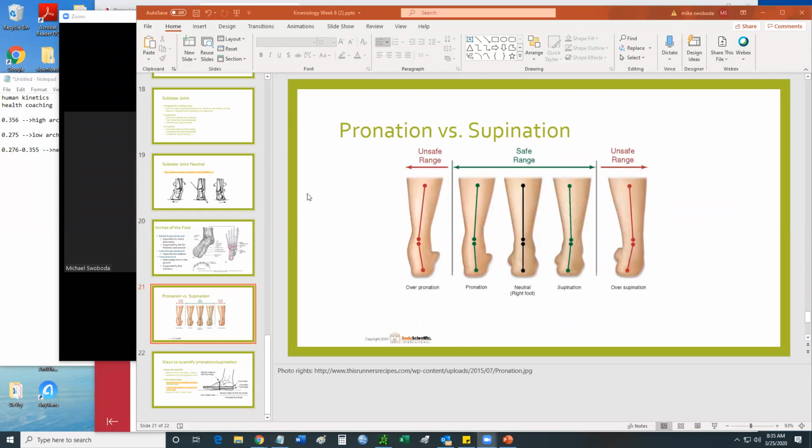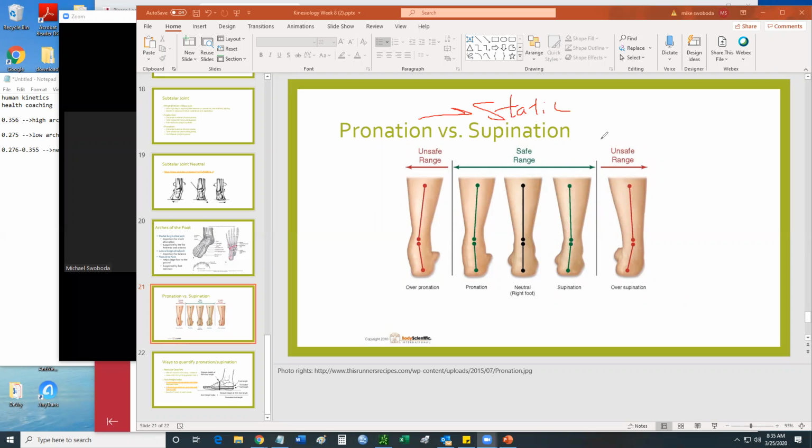Now, the importance of these is seen in static posture. So we have pronation and supination in the foot and ankle, but unlike the wrist and forearm, this is a static measurement. That means that you only see pronation and supination when you are standing.